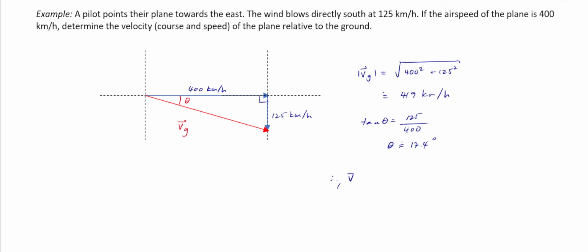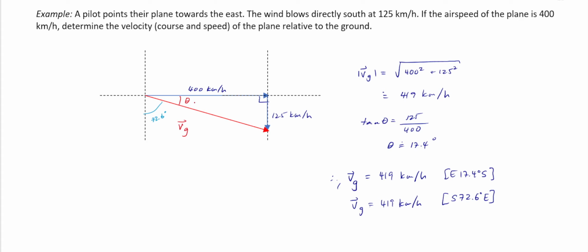Therefore, my ground velocity is 419 kilometers per hour, east 17.4 degrees south. So pointing east, but then 17.4 degrees south. Alternatively, I could say 419 kilometers per hour, south 72.6 degrees east, which is actually just this angle right here. That's 72.6.